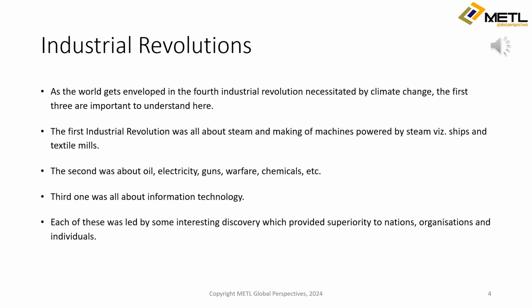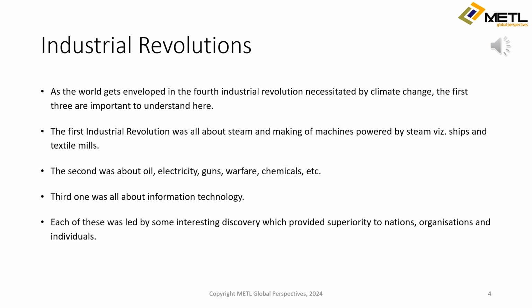Industrial revolutions. As the world gets enveloped in the 4th industrial revolution necessitated by climate change, the first 3 are important to understand here. The first industrial revolution was all about steam and making machines powered by steam, which are with ships and textile mills.